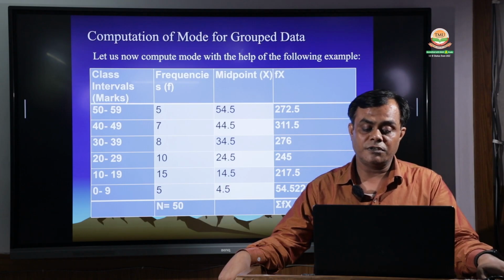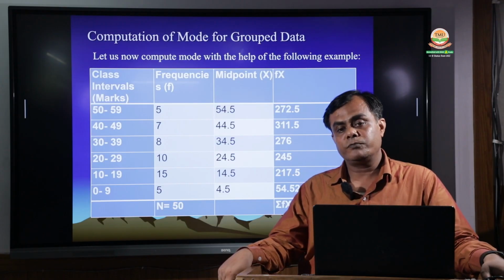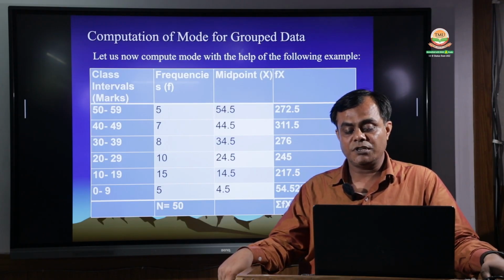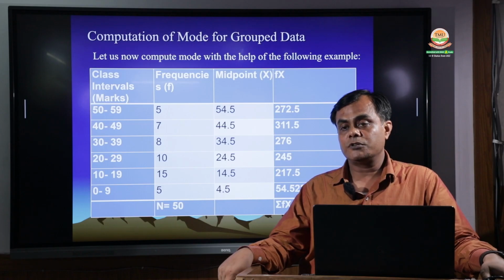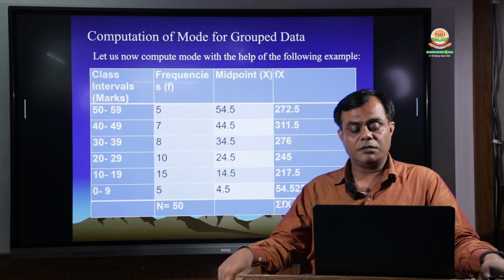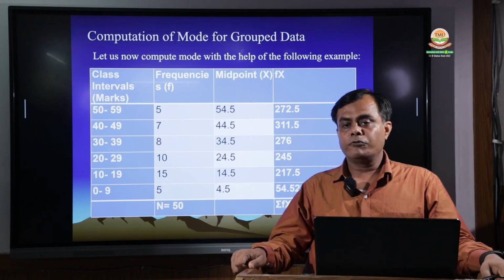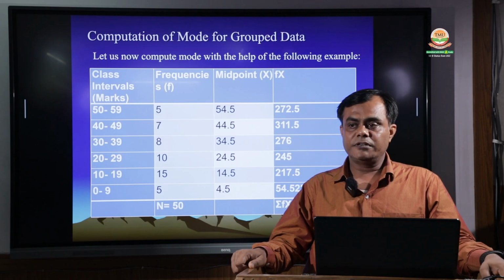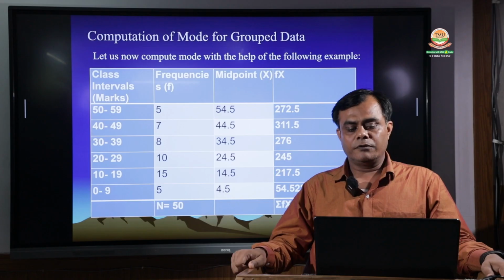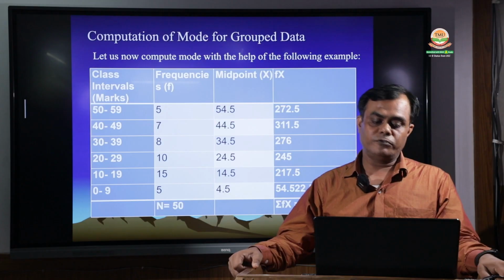The fourth interval is 20 to 29 and the mid value is 24.5. That 24.5 multiplied by the frequency 10 gives a total of 245. The fifth is the class interval 10 to 19, the mid value is 14.5 and the frequency is 15. So 14.5 multiplied by 15, the fx value is 217.5.